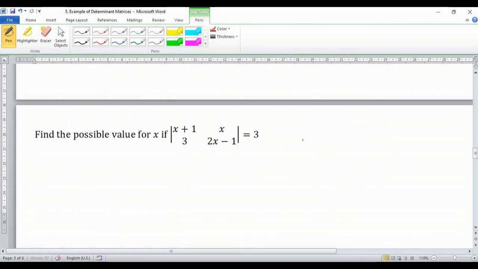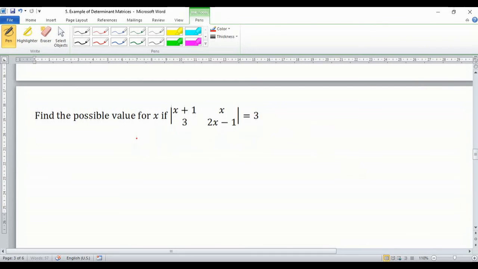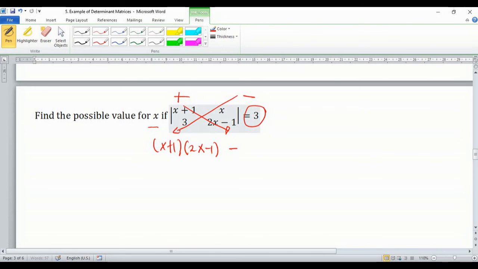They're asking to find the possible values of x if the determinant of x plus 1, x, 3, 2x minus 1 is also equal to 3. They have an equal sign, that's the meaning, LHS is equal to the RHS. So we know that from the top left to bottom right we need to multiply. So x plus 1 times 2x minus 1, minus, this one is a minus symbol, 3 times x, equals 3.